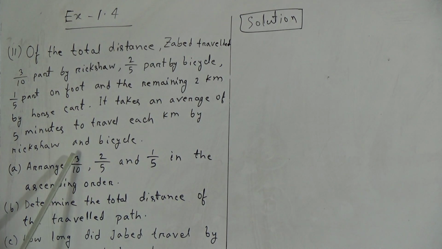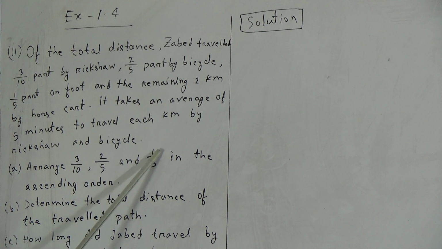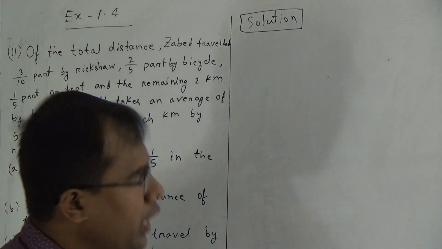Here first fraction is 3 by 10 and second fraction is 2 by 5. If we multiply numerator and denominators by 2, then its denominators also will be 10. If we multiply the numerator and denominators of third fraction also by 2, then its denominators also will be 10. That means all fractions denominators will be 10. Then we can easily find out which fraction is the smallest and which is greatest.